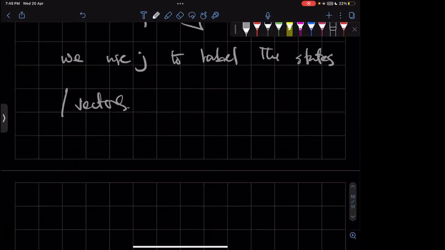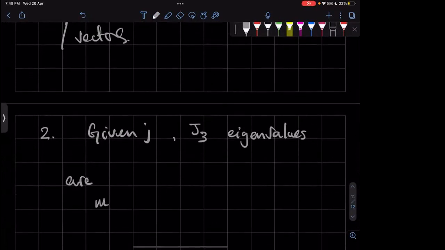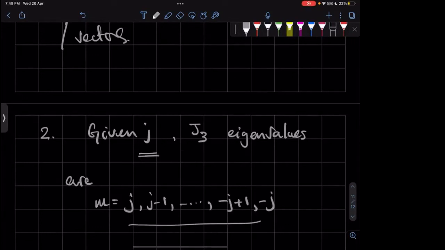Number two is that for a given J, the J3 eigenvalues are J, J minus 1, and so on down to minus J. This list may or may not include 0. If J is an integer, it will include 0. If J is not an integer, it will not include 0.